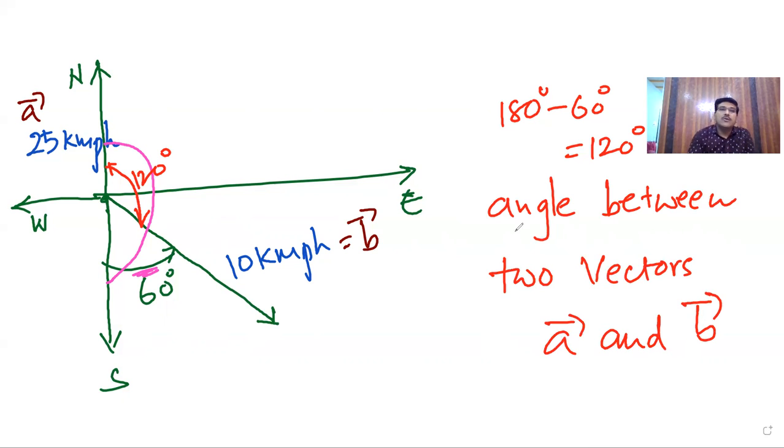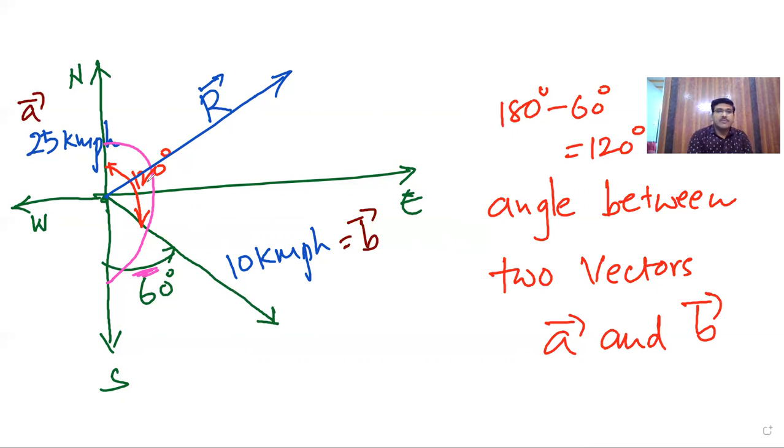Clear? Now observe what is the resultant. The resultant is in between these two. This is the resultant. Let us say R is the resultant vector. Clear? Now, let us take up this with the simple formula.